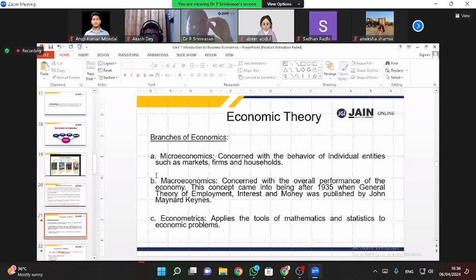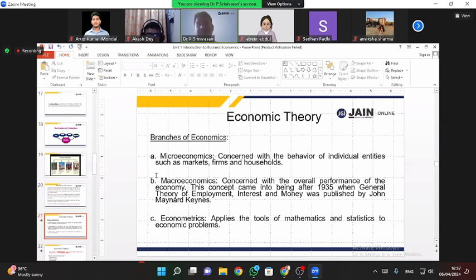Microeconomics deals with the behavior of individuals, the individual household. So what do you mean by individuals? Microeconomics is the study of the individual household, business firm, and markets. A particular one.